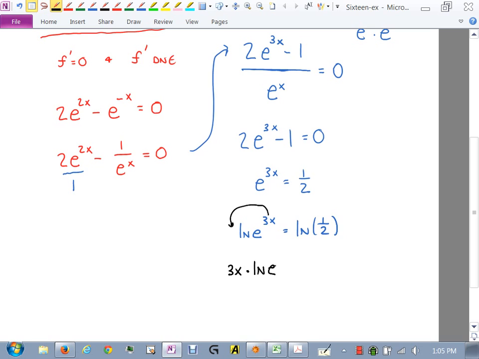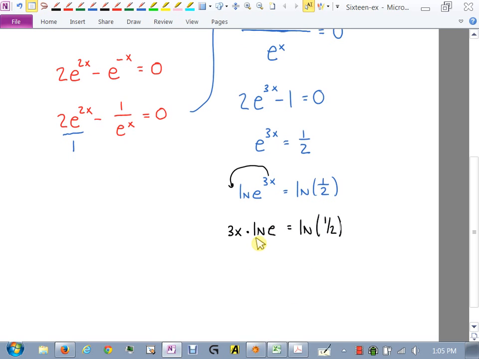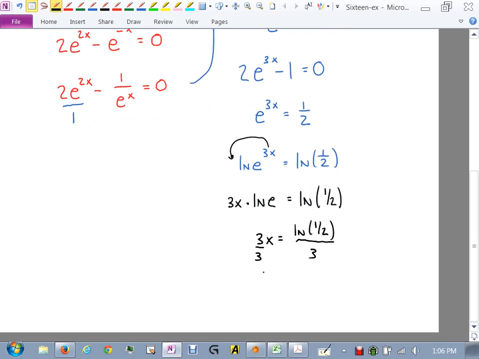What is natural log of e? It's 1. Natural log of e is 1. It's a property of logs. So natural log of e is 1. That's really just 3x equals natural log of 1/2. And then I'm going to divide both sides by 3. And that gives me x.